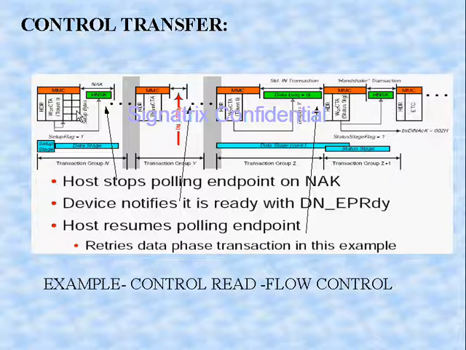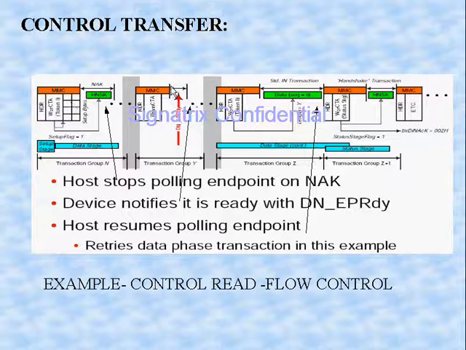After that, the device has to send a handshake signal, right? So the host stops polling the endpoint on negative acknowledgement. Now what will happen? Are you getting what's happening here?